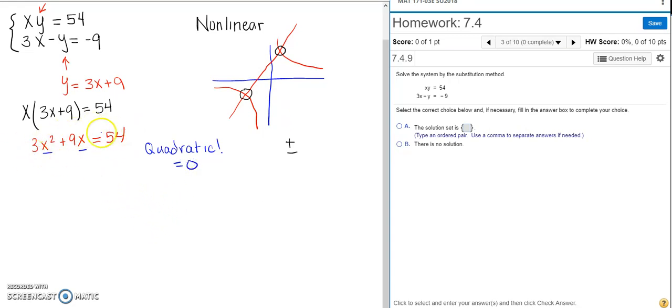People start getting confused and they start moving things like they're going to get x squared by itself. You're not going to do it that way. This is a quadratic. We need it set equal to 0. So I'm going to subtract the 54 from both sides. Okay, so we have 3x squared plus 9x minus 54 equals 0.